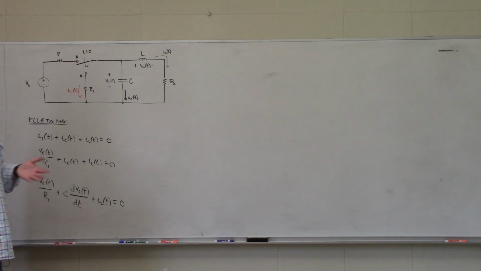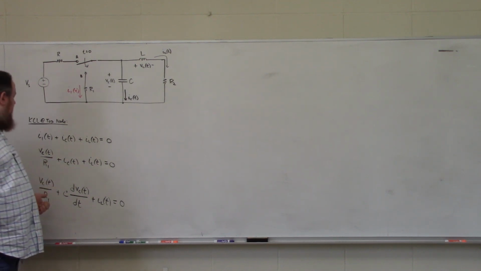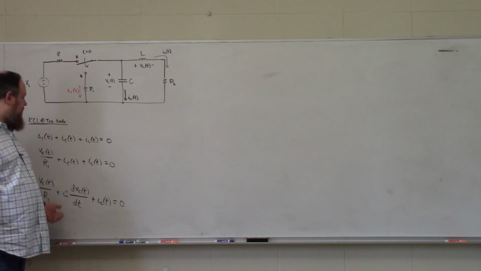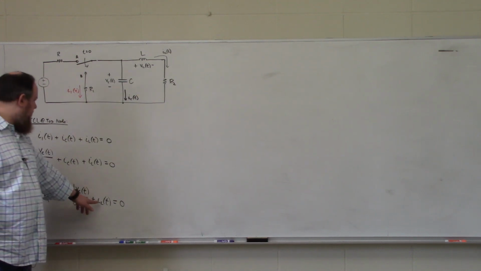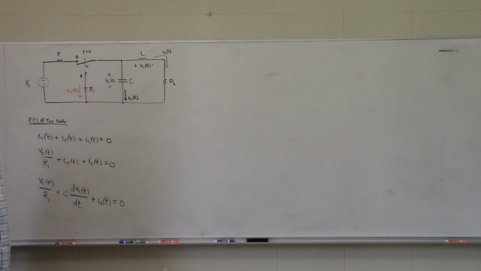I'm going to try to separate my inductor current from my capacitor voltages, which I could easily do just by subtracting IL of T from both sides, but we'll get to that in a second.